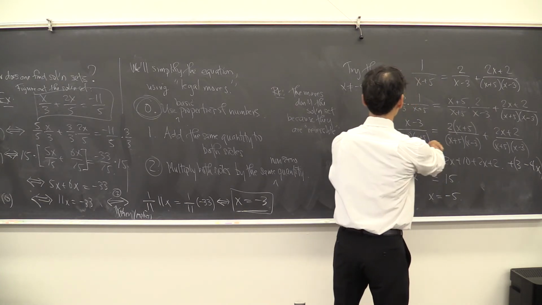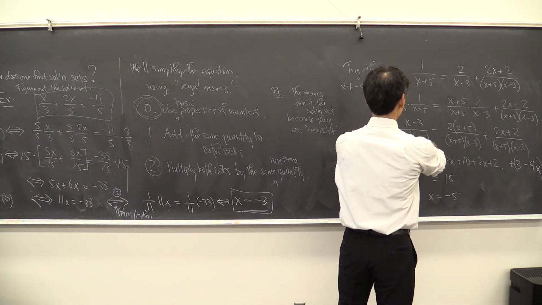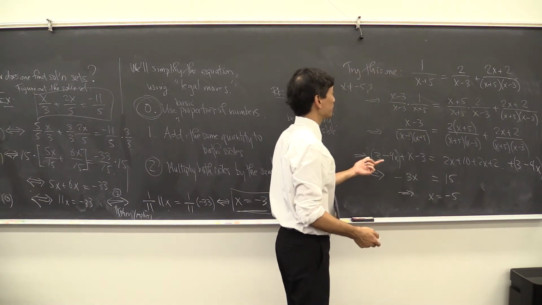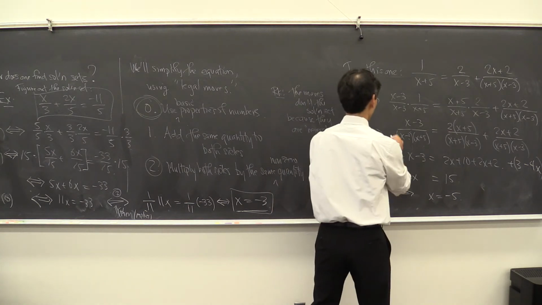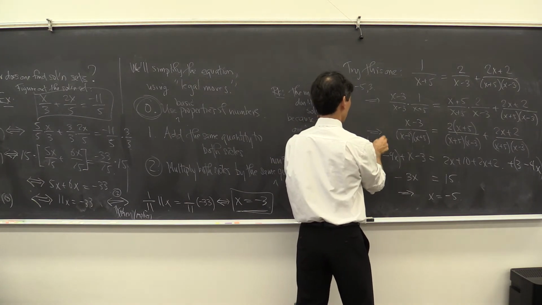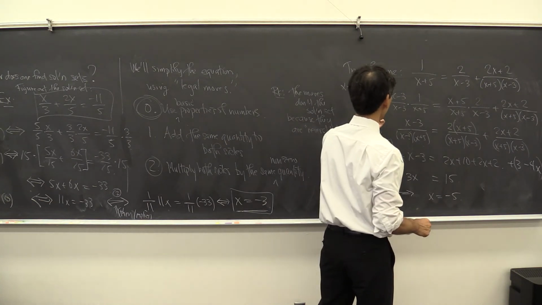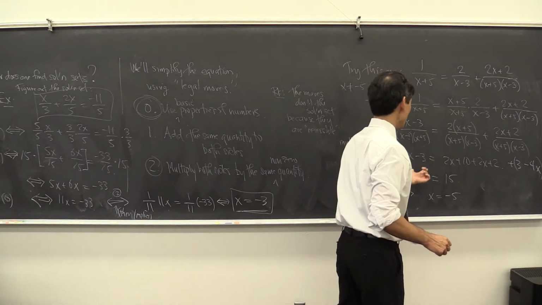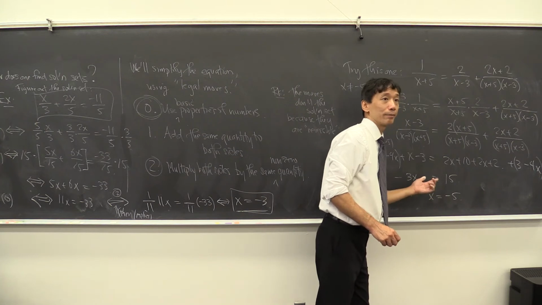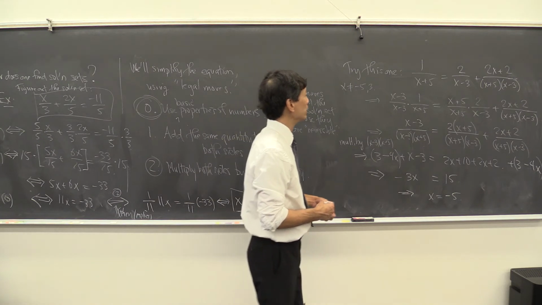Then we use this business of multiplying both sides by the same number, x minus 3 times x plus 5. And then we use basic properties of numbers again, we divide both sides by negative 3, and we get this.